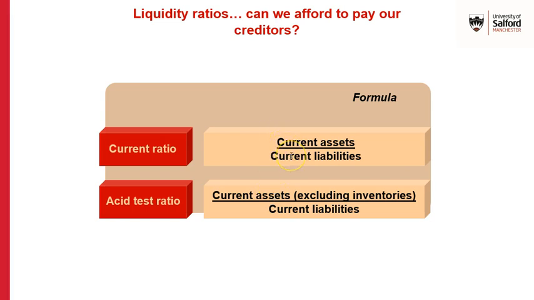So for a supermarket, for example, the current ratio may well be less than 1. In other words, they don't have enough cash to pay for their creditors. Now that might sound alarming, but remember that this measure is taken at a certain date, at the year end, if we're looking at the accounts.